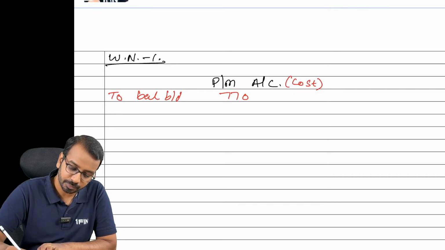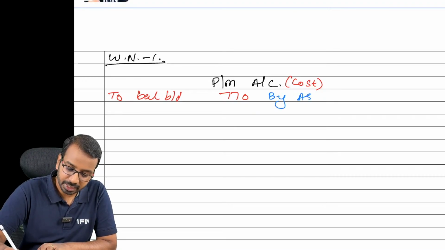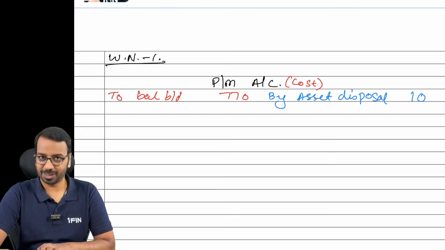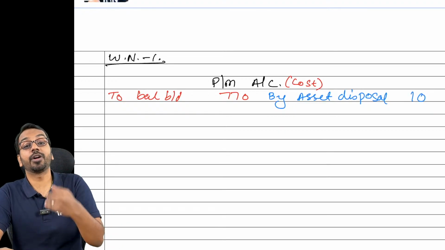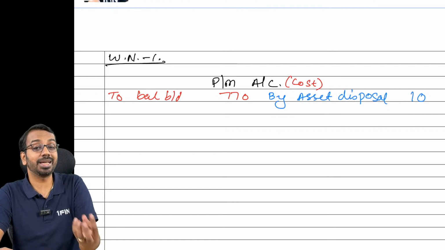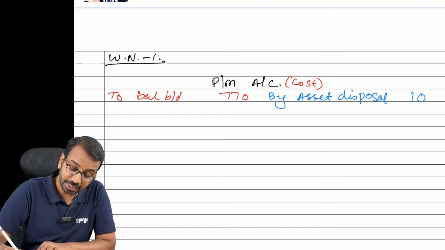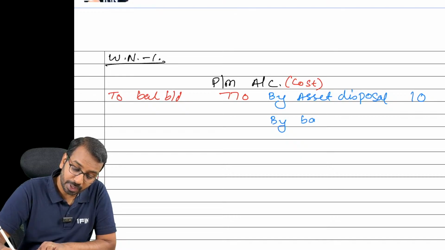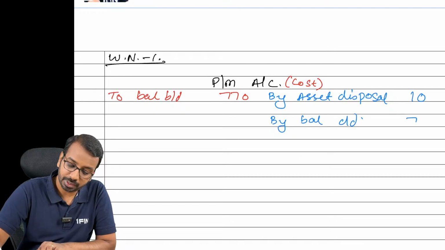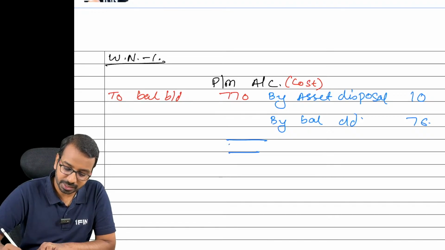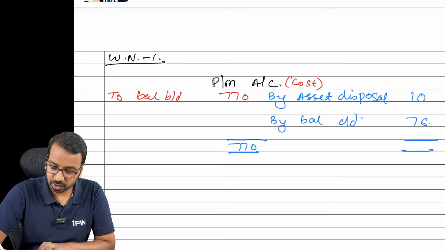Okay. So by asset disposal, how much? 10,000 has been transferred. Okay. There is no further information on whether we have purchased any new machinery or not. So we'll just keep it here. Then we have by balance carried down. How much? Sorry, not 76.